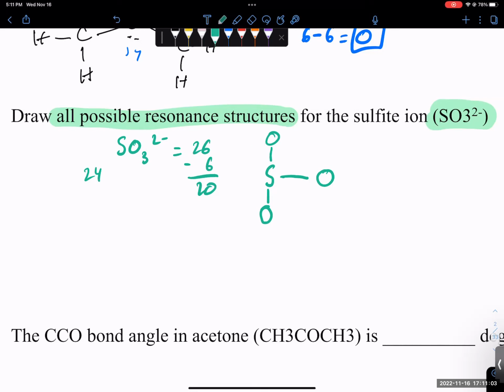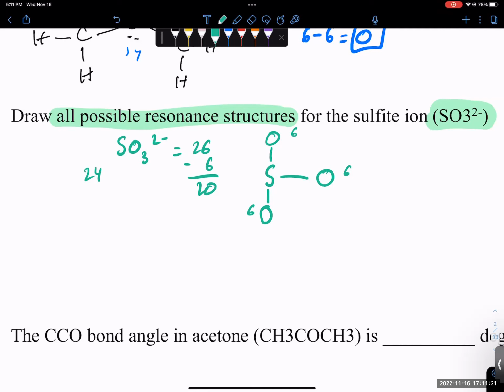Needs 6 more. So let's go ahead and put a 6 right here. Now, what about this oxygen? Also 6. What about this oxygen? Also 6 again. And then how about the sulfur? 2 electrons.